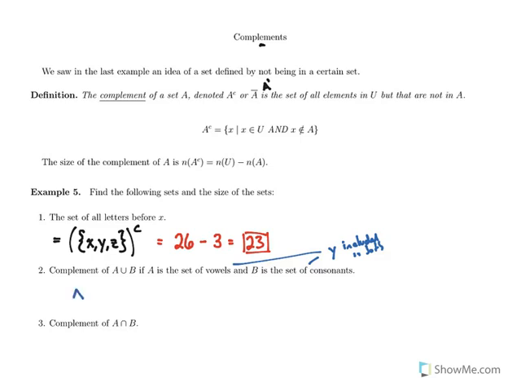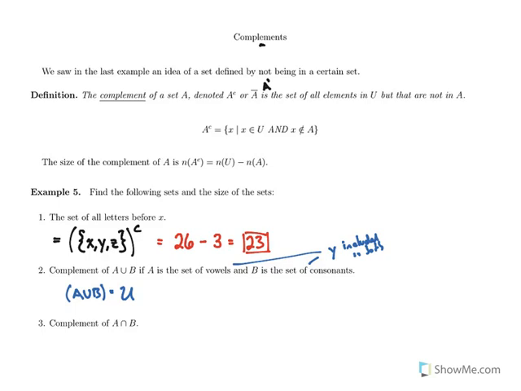So let's think about, what does A union B represent before we think about its complement? Well, if you take all the vowels and all the consonants and you put them together, that's just going to give you all of the letters, the entire universal set.